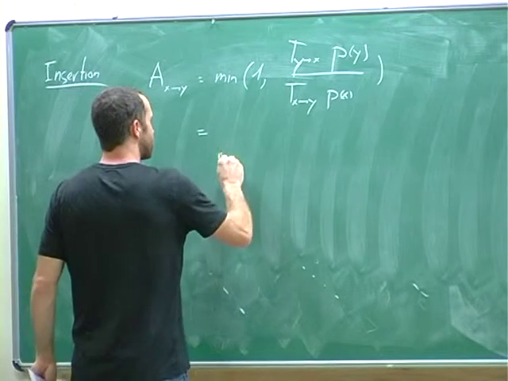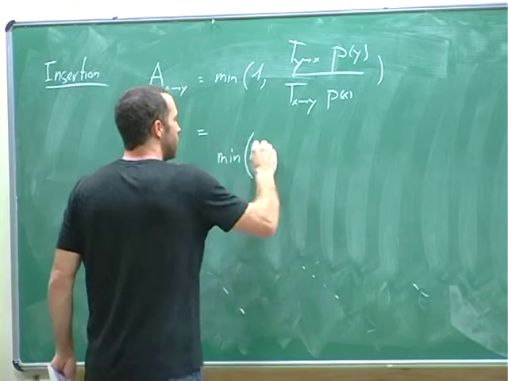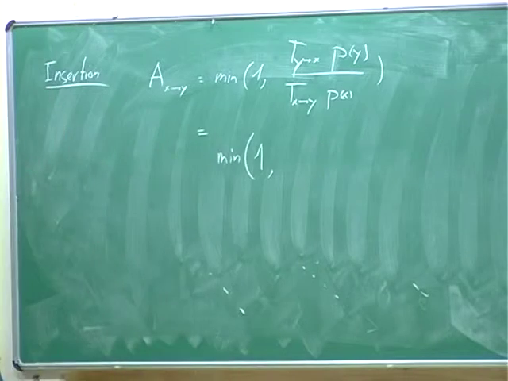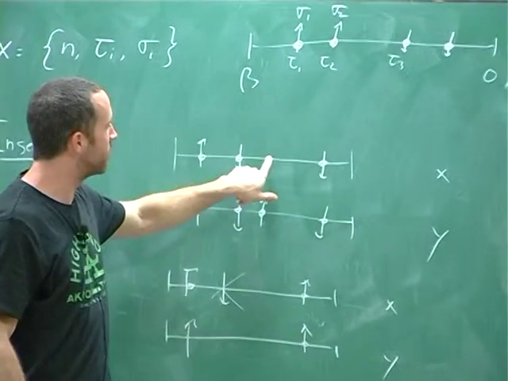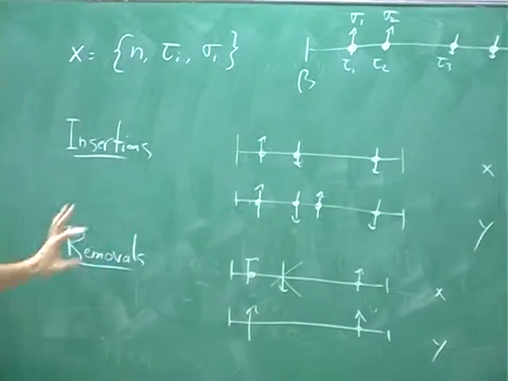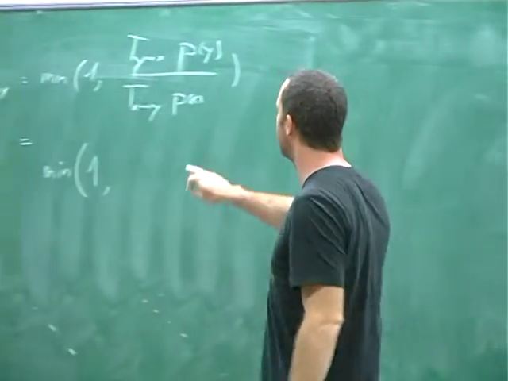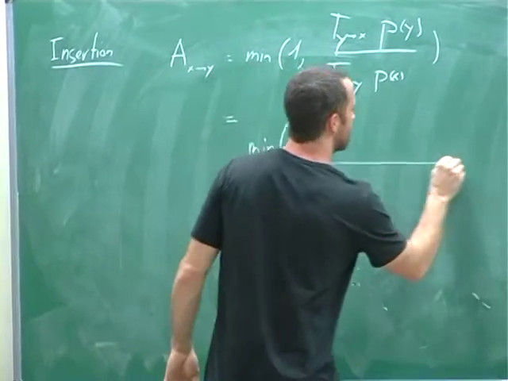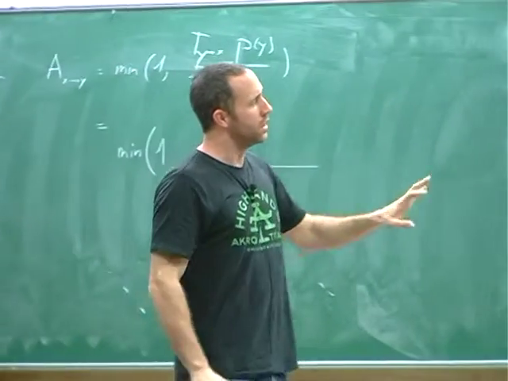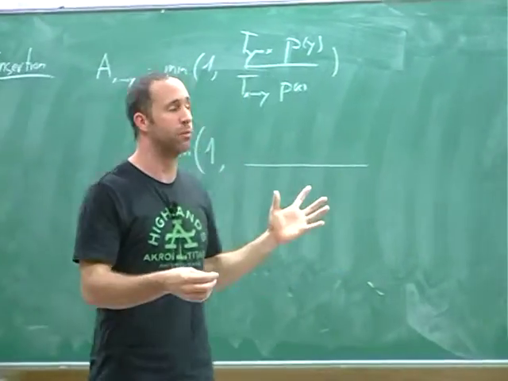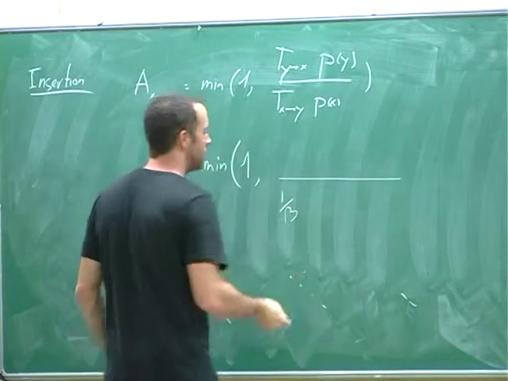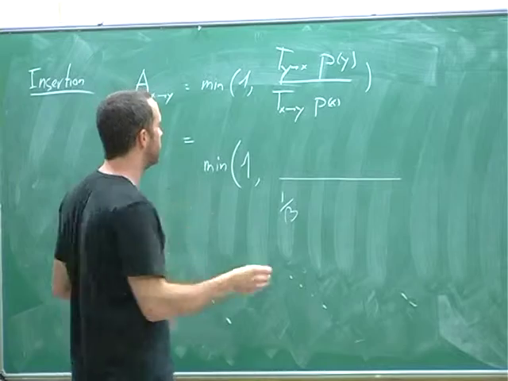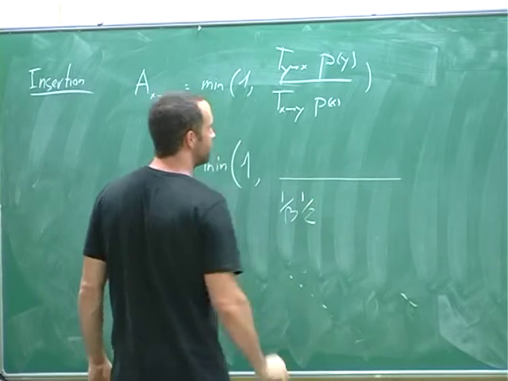Actually, I think we can compute it better. The insertion is, you just pick in this direction. The transition probability to go from x to y: I need to pick a random time, which comes with probability 1 over beta, and then I have to pick a random spin, which comes with probability 1/2.